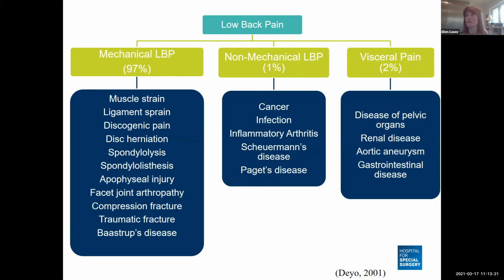So we don't want to forget those, but today we'll be focused on mechanical low back pain. This is not a completely comprehensive list, even though it's kind of long. There are other pain generators, but these are things that we're going to commonly see in athletes. And even though, like I said, spondylolysis is on this list, we won't be talking about that today.